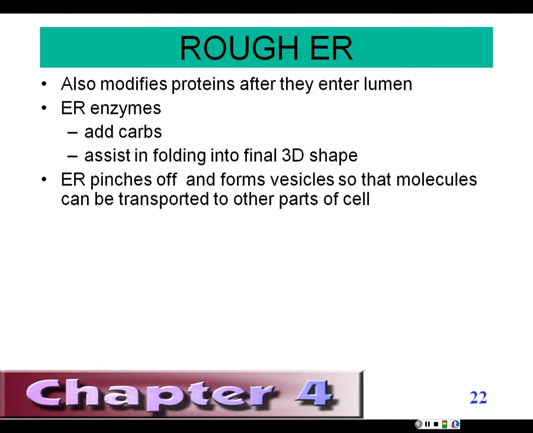So here's the cell membrane, and the ER is going to pinch off, okay? And this is going to become a vesicle. So that guy will pinch off. Okay?